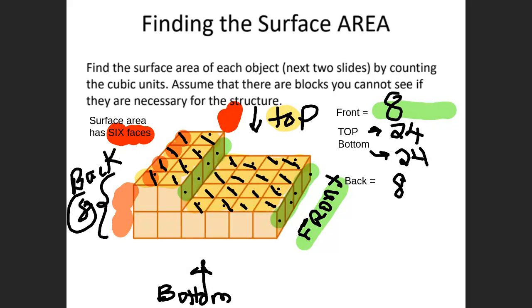Okay. And also notice front and back, same number. Top and bottom, same number.